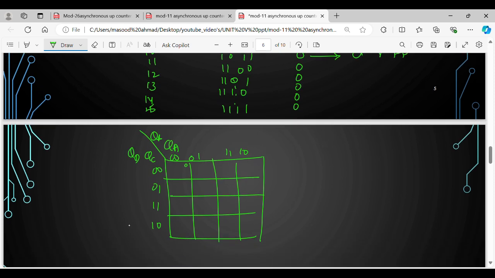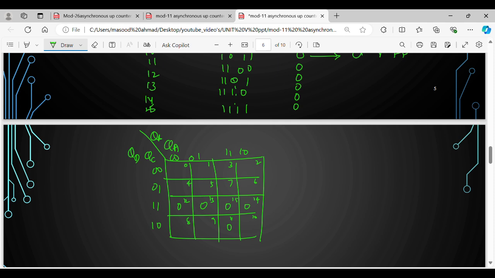So numbering we know 0, 1, 3, 2, 4, 5, 6, 7, 8, 9, 10, 11, 12, 13, 15, 14. So from 11 onwards it is 0, for 12 it is 0, for 13 it is 0, for 14 it is 0 and 15 it is 0.